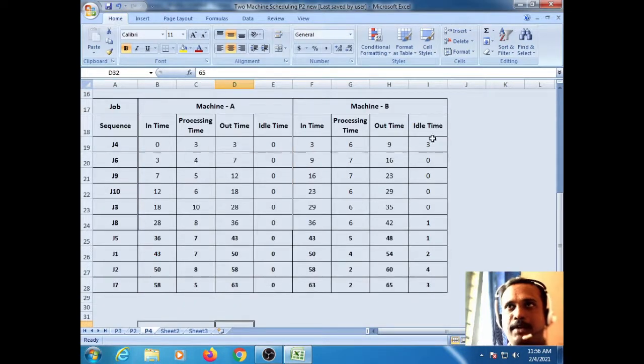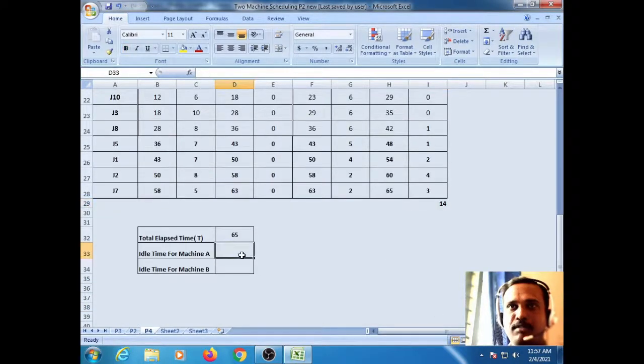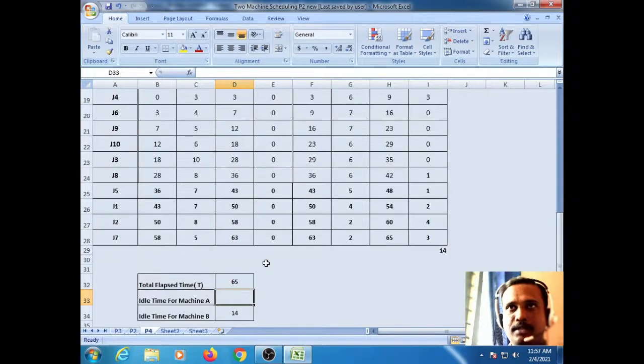If you simply add all these idle times, you will get the idle time for machine B. So 14 hours is the idle time for machine B. This is the machine B idle time. If you want to calculate the machine A idle time, you also need to add up its idle times.